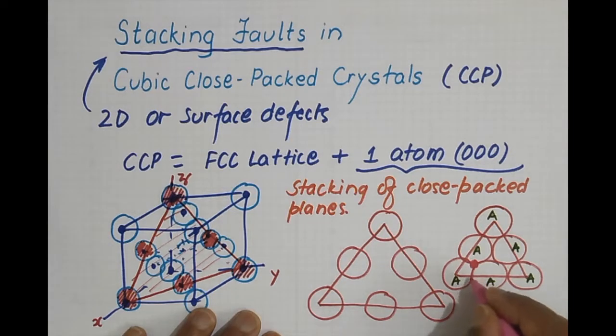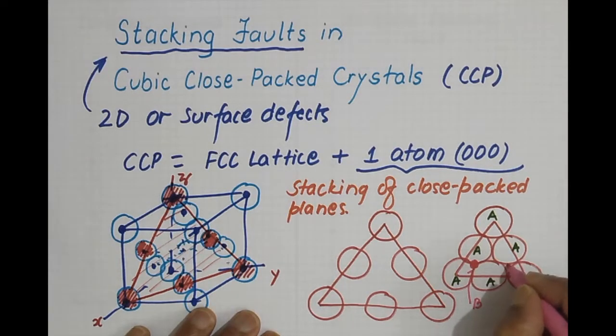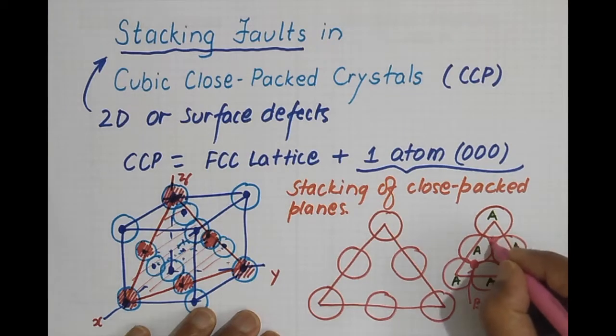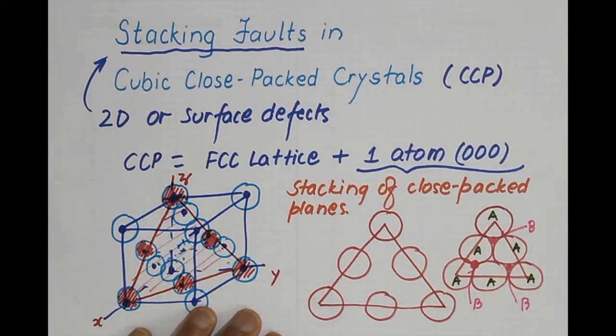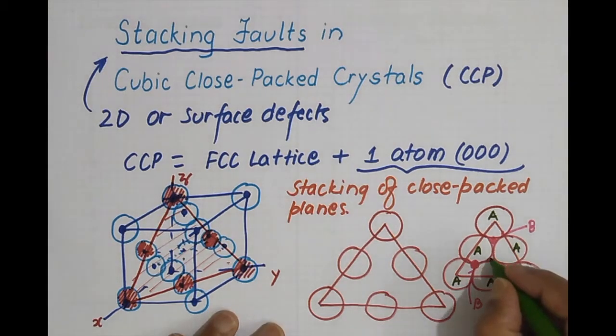So let me call that location B. So this will be B, this will be another B, and this will be another B. So these are the B locations. And the third kind of location is the C location there.